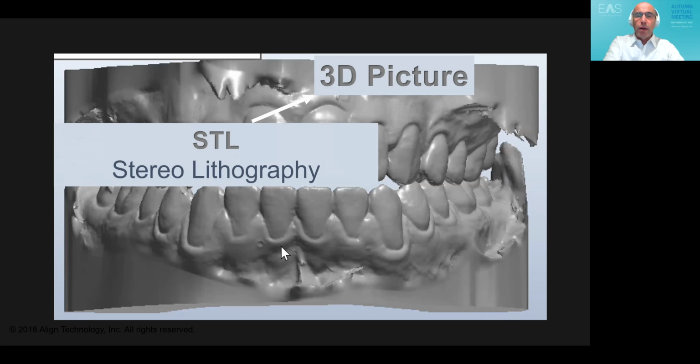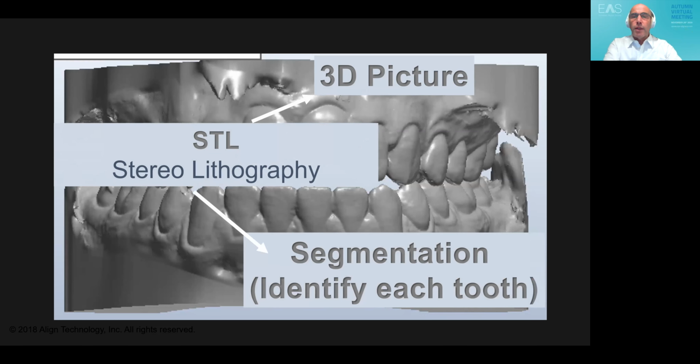For the scanner, it is only a picture. But we want to do what is called segmentation. Segmentation is the ability to identify tooth by tooth, gums and bone, and be able later on to move all the teeth with the gums, expand the bone, do everything we want, and to do this identification of the picture.